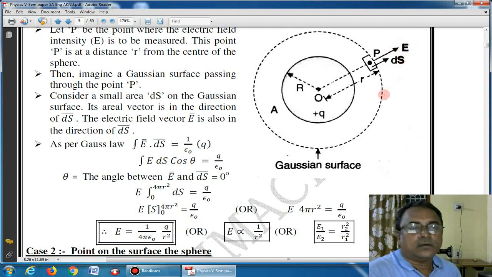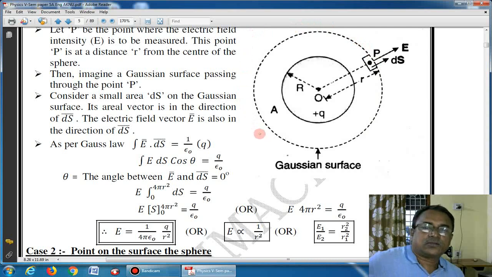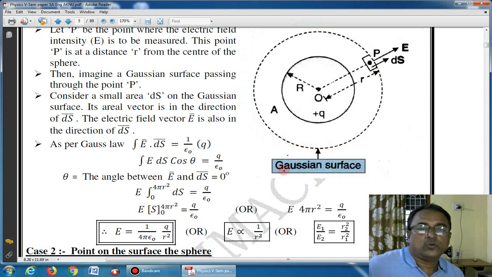And we have to take the closed surface. Here we are taking the closed surface as a sphere. This sphere is the Gaussian surface and it has to go through the point where the electric field intensity is to be measured.